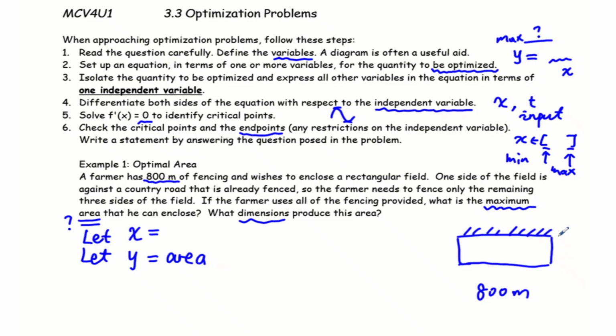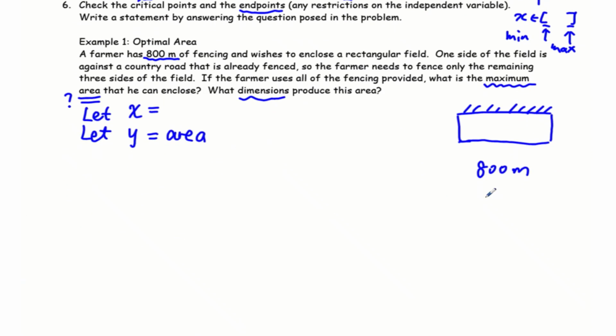So this is a right angle. The area, we know the formula, is area equals length times width. So it means we have to know the length and width. In this type of question, we have only one length and two widths.